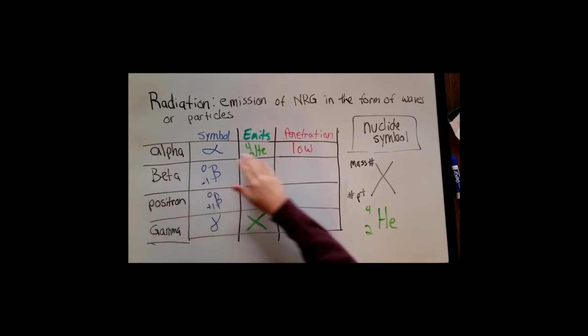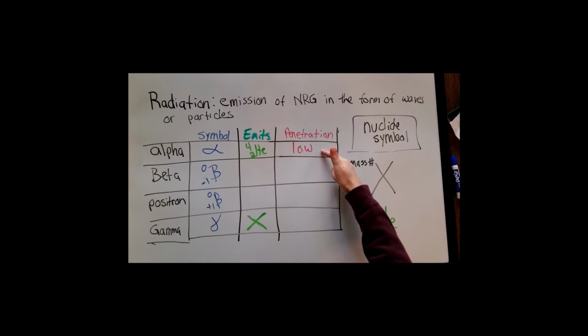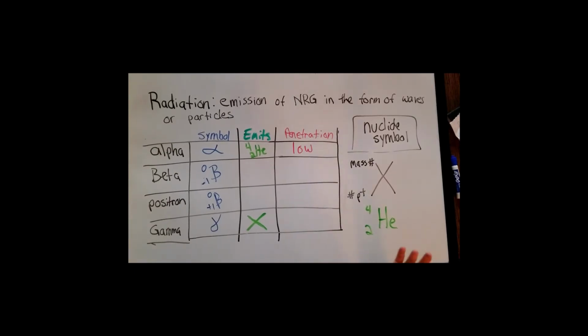So alpha particles, since they're the slowest and the largest, are going to have the lowest penetration power. Another thing you can do to lower your exposure to radiation is distance. The further away you are from the radiation source, the less exposure you'll have. So that's another way, as well as protecting yourself, whether it be clothing, a lead vest, etc. That will also help lower your exposure.